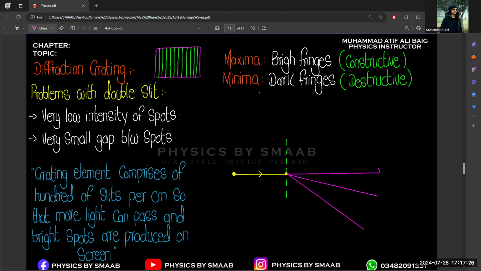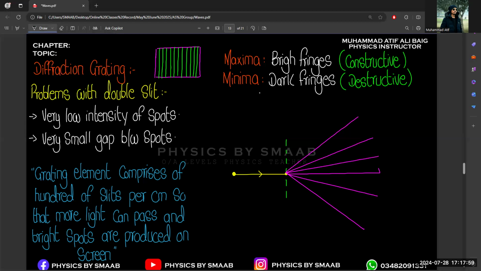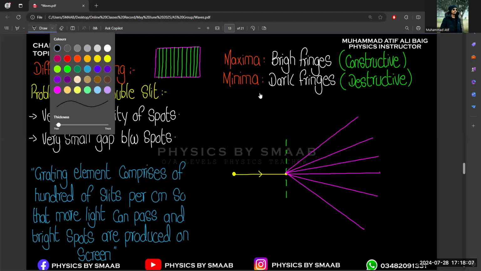In the same way, you will get bright fringes on the other side, like this, at a short angle. Then the angle increases. Then the angle increases further. So in this way, we will get different positions of bright fringes, and we can easily mark them.